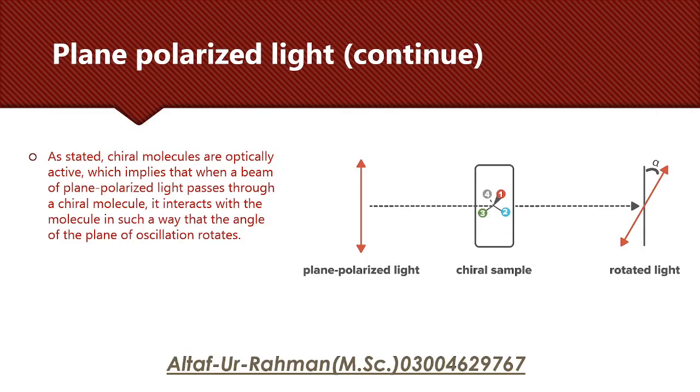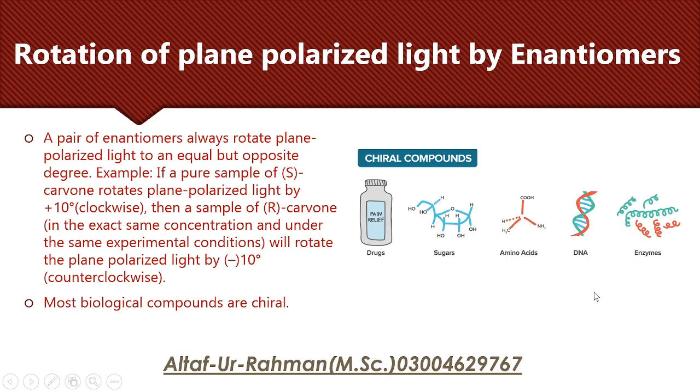As stated, chiral molecules are optically active, which implies that when a beam of plane polarized light passes through a chiral molecule, it interacts with the molecule in such a way that the angle of the plane of oscillation rotates. As you can see here, the angle is rotated. Rotation of plane polarized light by enantiomers: a pair of enantiomers always rotates plane polarized light to an equal but opposite degree.